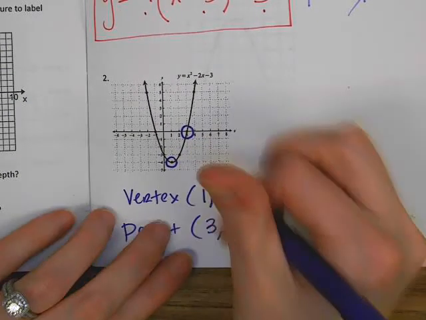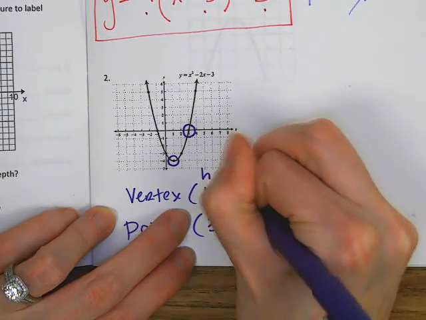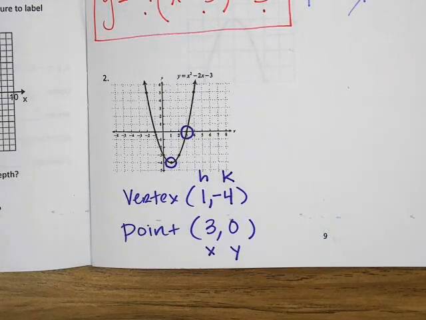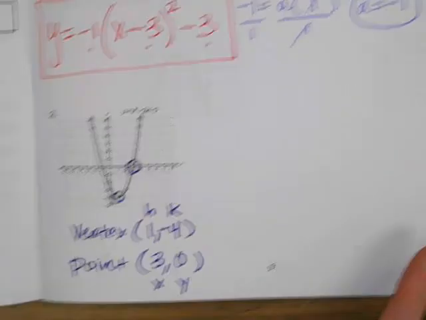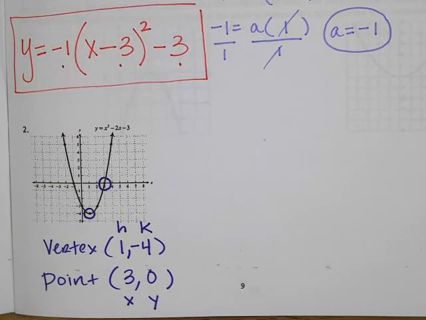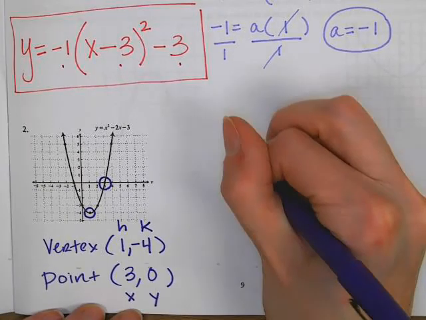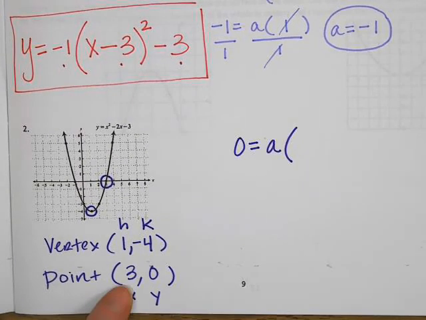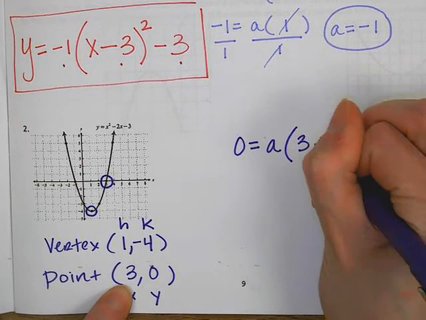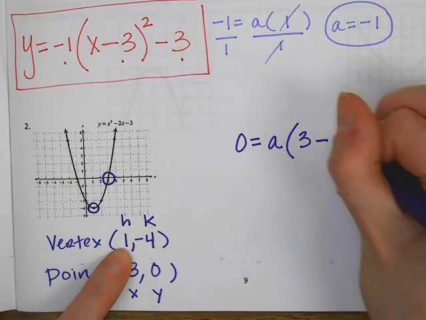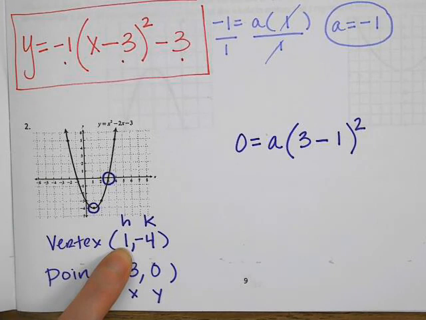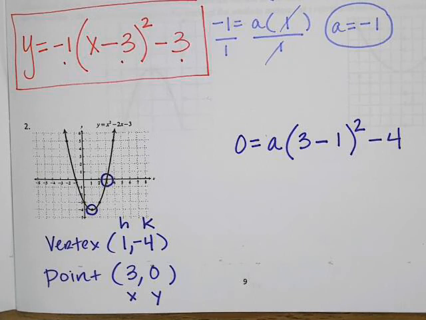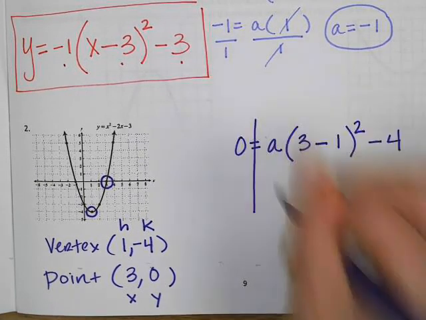Okay, don't forget, the vertex is h, k and the point is x, y. And go ahead and plug everything in, and we're going to solve for a first. So y equals, so 0 equals a times (x, which is 3, minus h, which is 1) squared, plus k, so minus 4. And then draw the wall and solve for a.